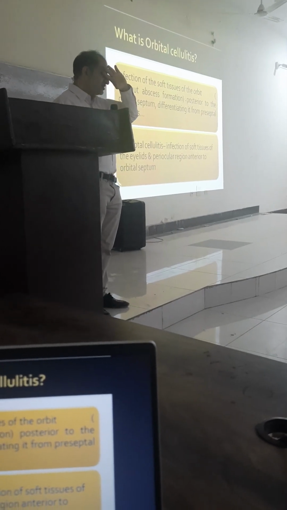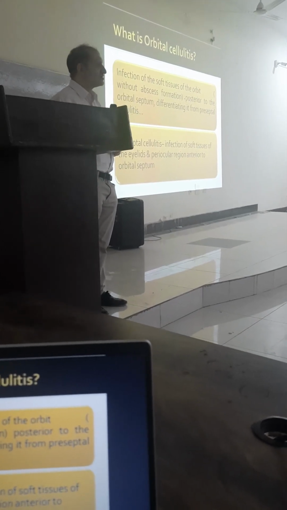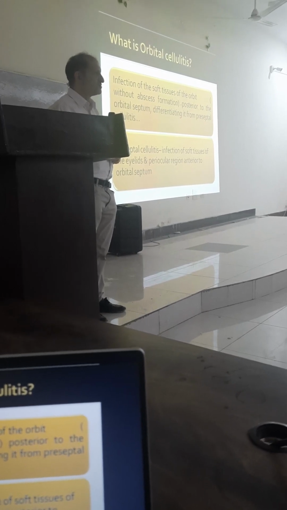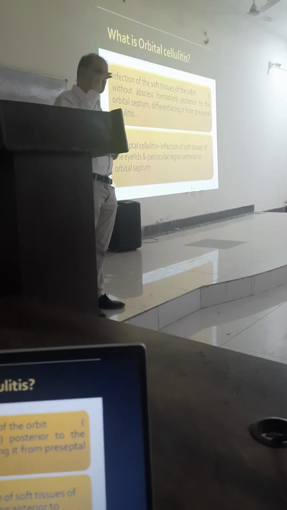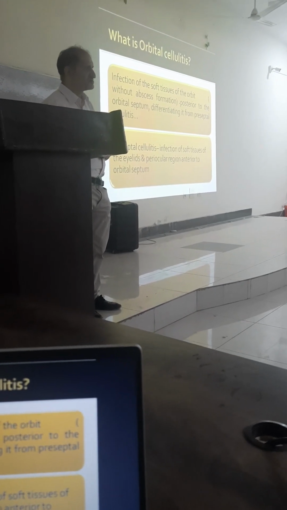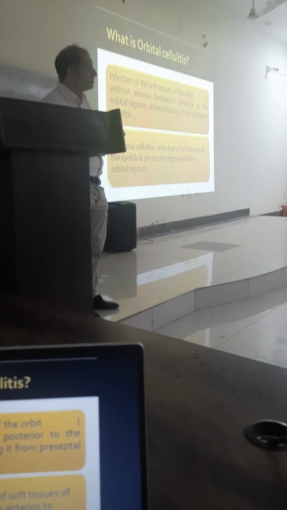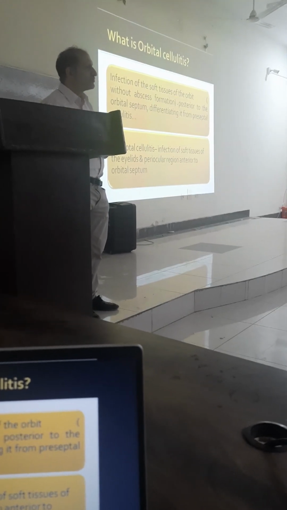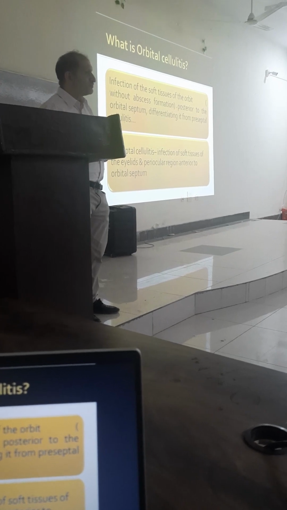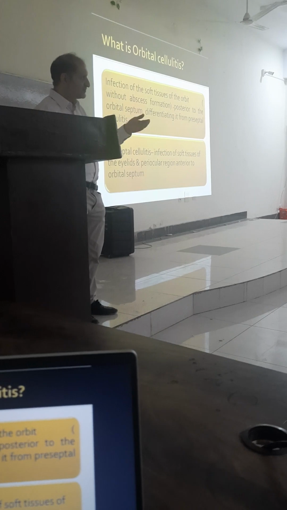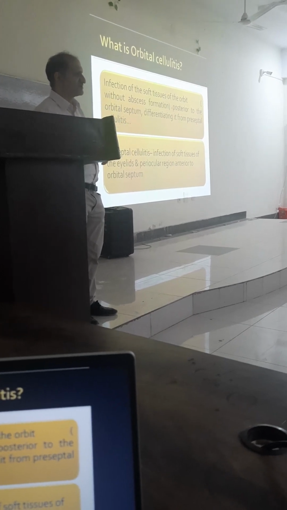So any inflammation in front of the orbital septum is called preseptal cellulitis, and any inflammation behind that is called postseptal cellulitis, or another name, orbital cellulitis. So we have the classification: preseptal cellulitis and postseptal cellulitis.